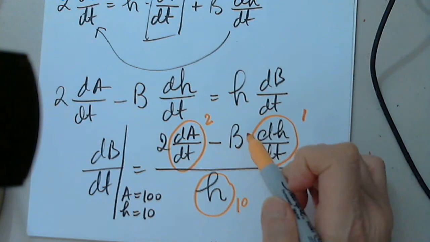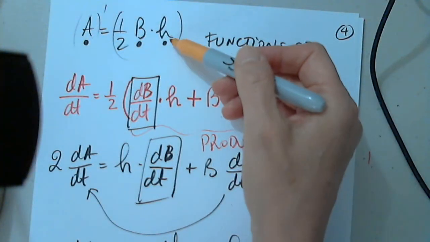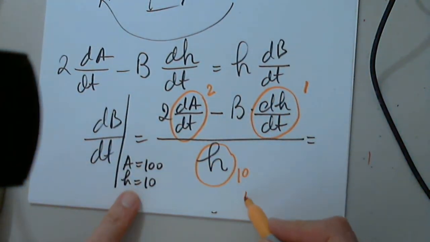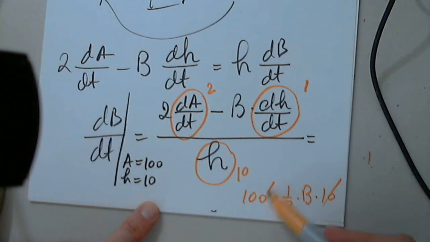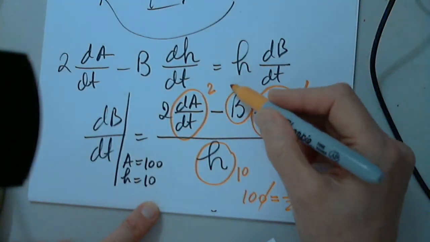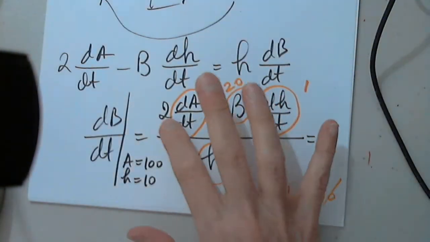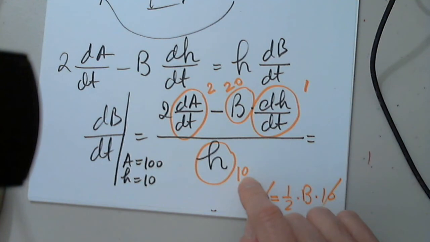B I don't have, but I have A. So if I have that A is 100 and H is 10, I can find B. So 100 equals 1/2 times B times 10. I divide both sides by 10, multiply by 2, so B equals 20. So now I have everything I need to determine the final answer. I have 2 times 2, I have 20 times 1, and I have 10.